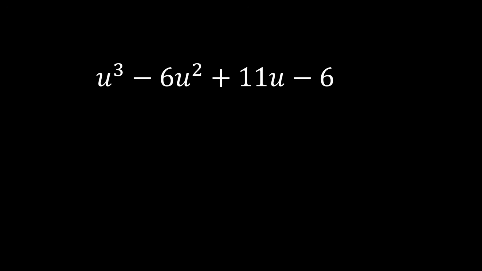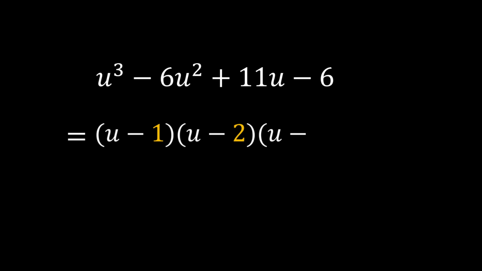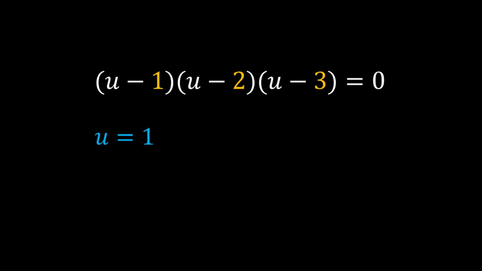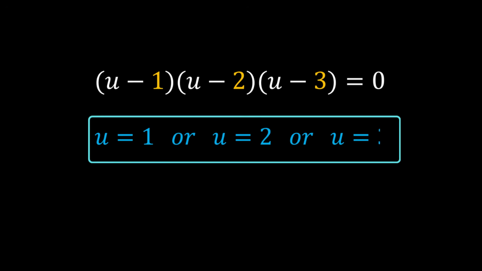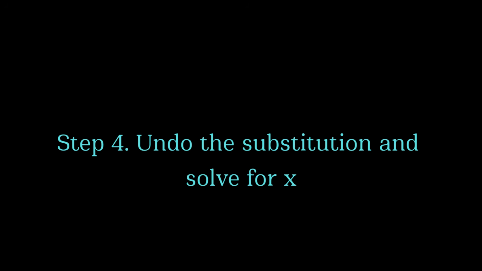That means our cubic factors nicely as u cubed minus 6u squared plus 11u minus 6 equals (u minus 1)(u minus 2)(u minus 3) equals 0. So the solutions for u are u equals 1, u equals 2, and u equals 3.